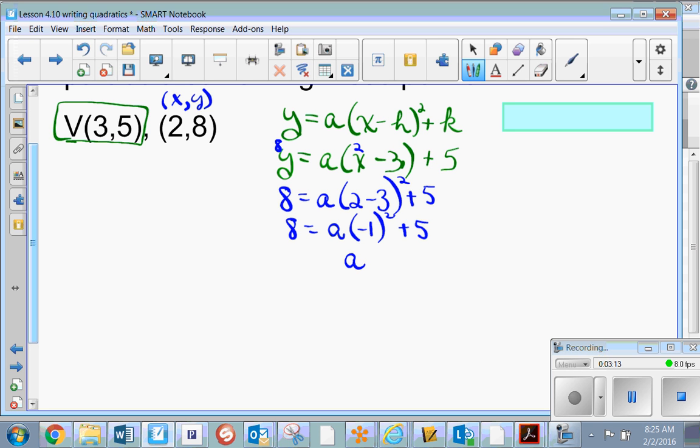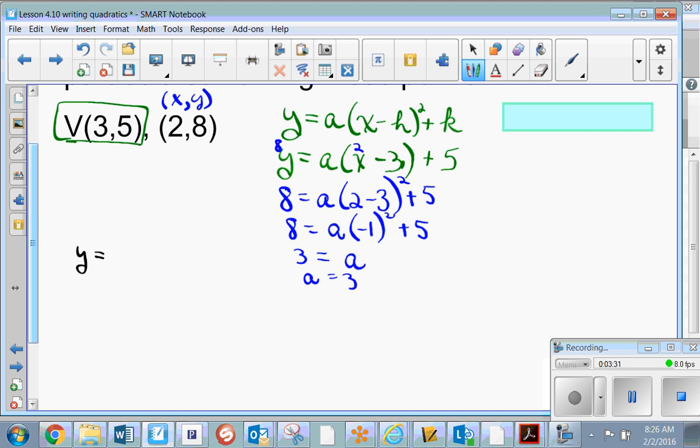So this is going to be a over here. I bring my 5 to the other side and subtract it. Looks like a is 3.